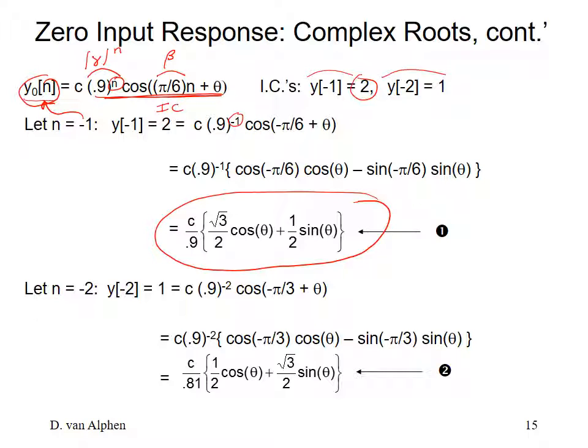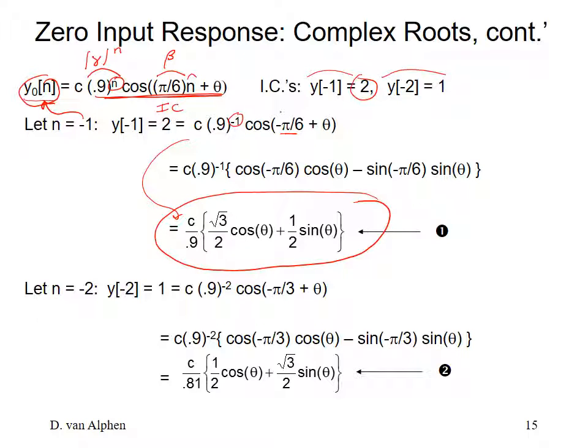The n here becomes -1, so I'm going to get negative pi over 6, and theta, of course, stays theta. Then I simplify this by saying 0.9 to the -1 is just 1 over 0.9. That brings me down here to c over 0.9. Now, I also need to do something with this cosine of negative pi over 6 plus theta.